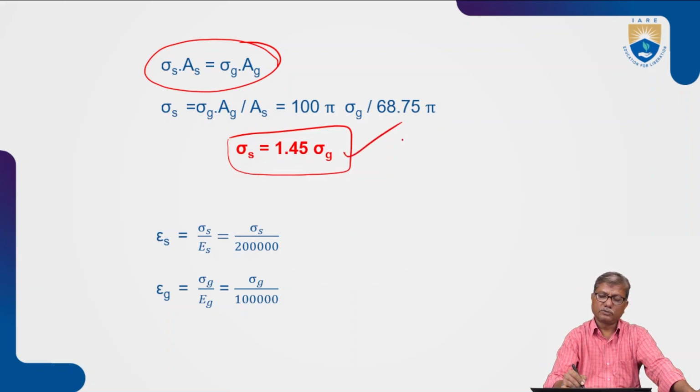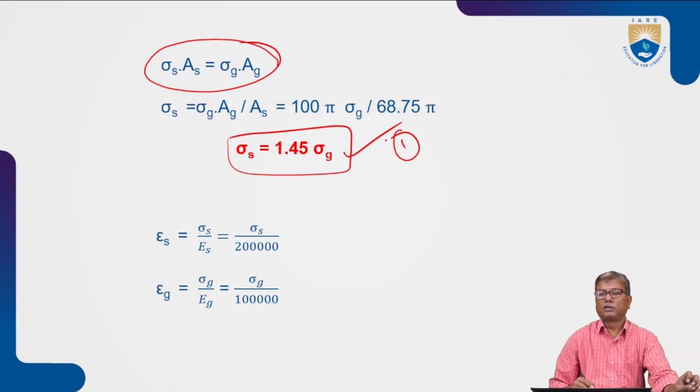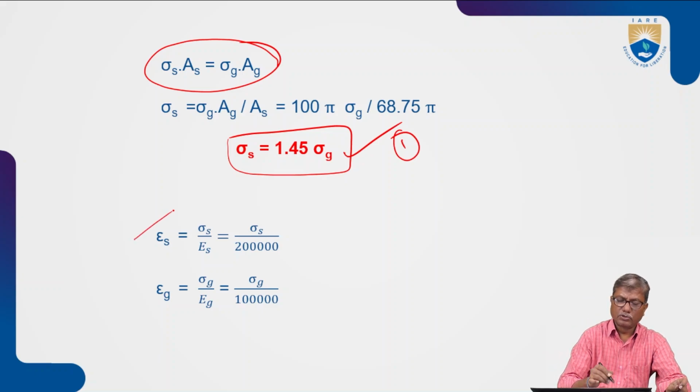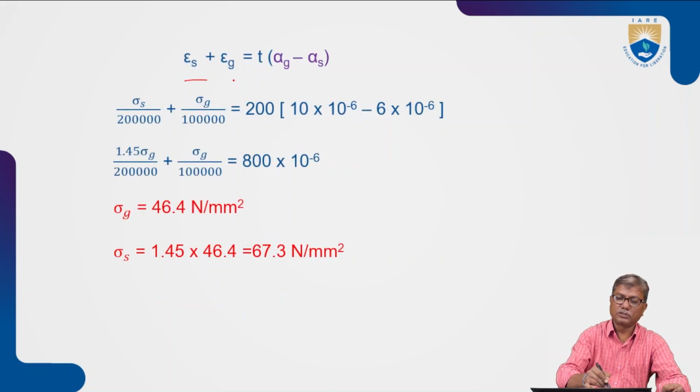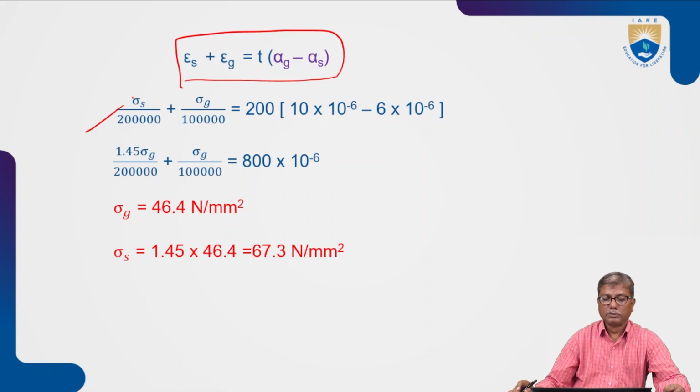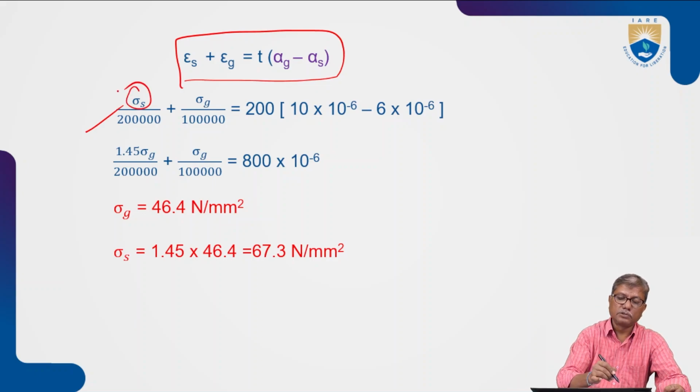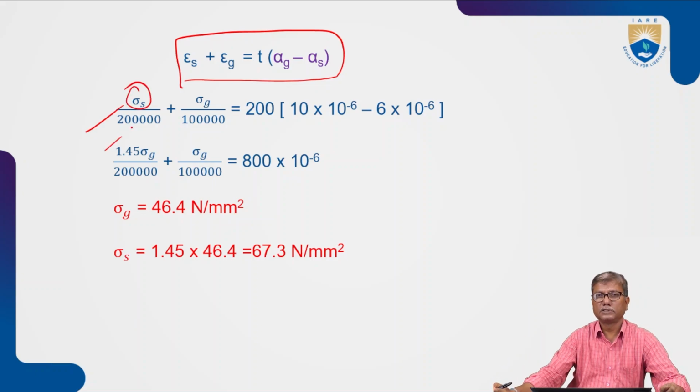So this is one relation we got. Also, strain in steel is due to these stresses developed, sigma S by ES, and in gunmetal it's sigma G by EG, and substitute those values in this relation. Okay. And also replace sigma S by 1.45 times sigma G.